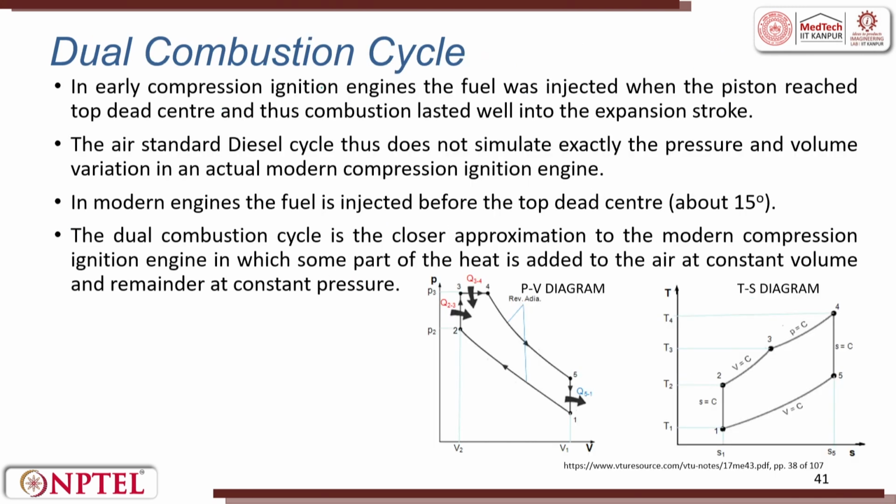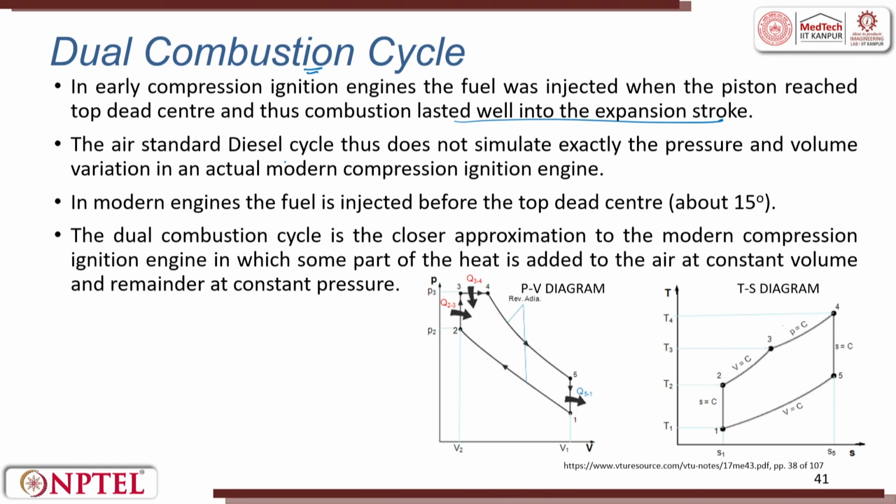So, now let us try to take a combination of the Otto cycle and the diesel cycle, which is called the dual combustion cycle. In early compression injection engines, the fuel was injected when the piston reached the top dead center, and thus combustion lasted well into the expansion stroke.